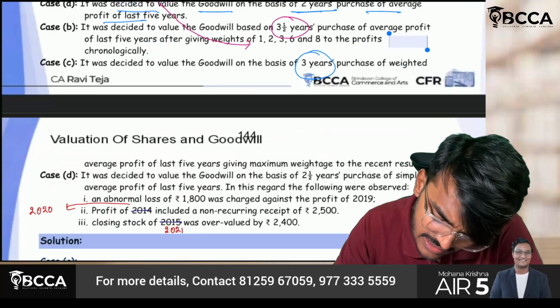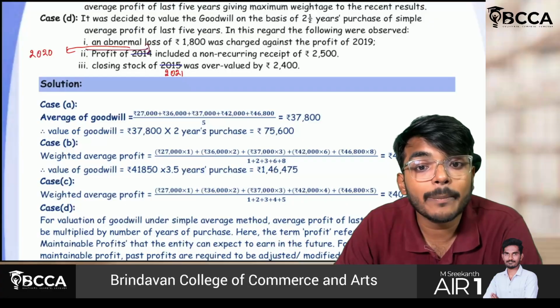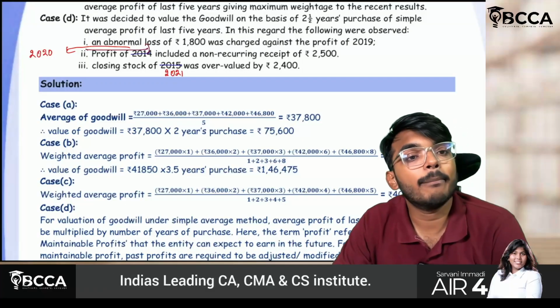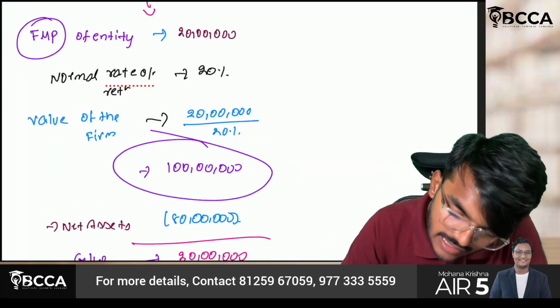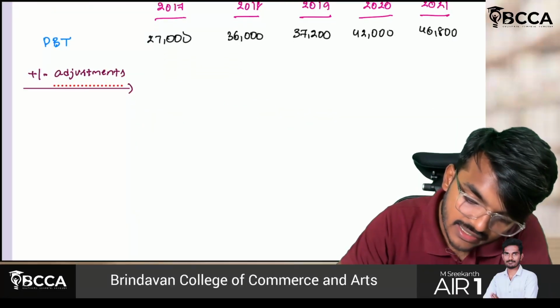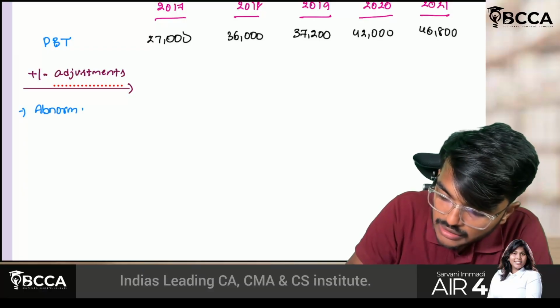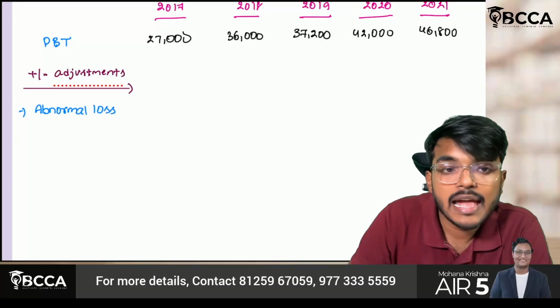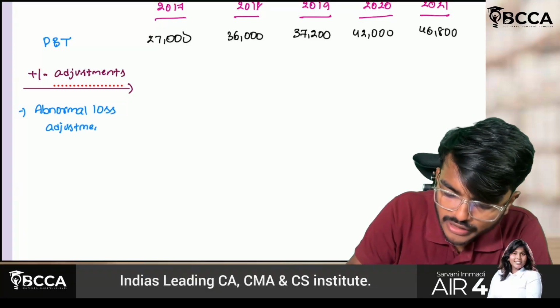They are saying, sir, abnormal loss, which means this is a non-repetitive item. So, sir, I have to make an adjustment for these. Okay, sir, here I will write abnormal loss adjustment.